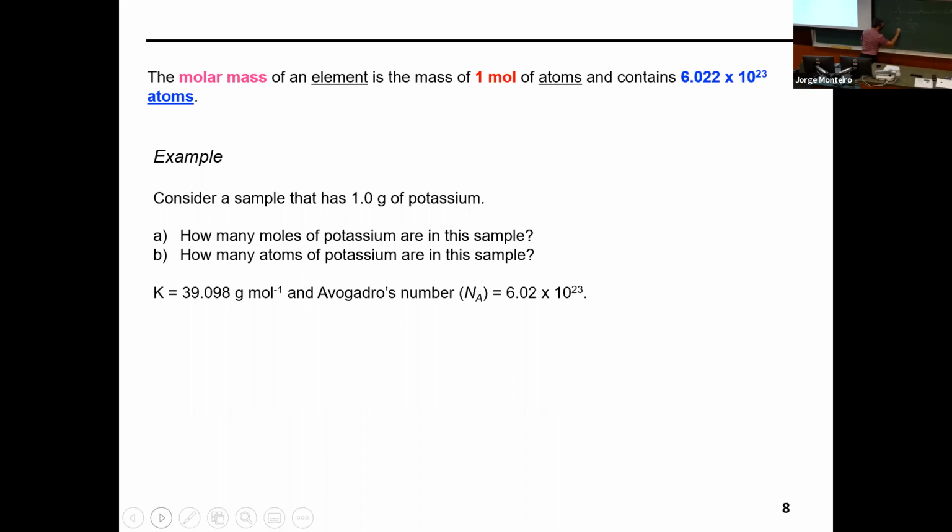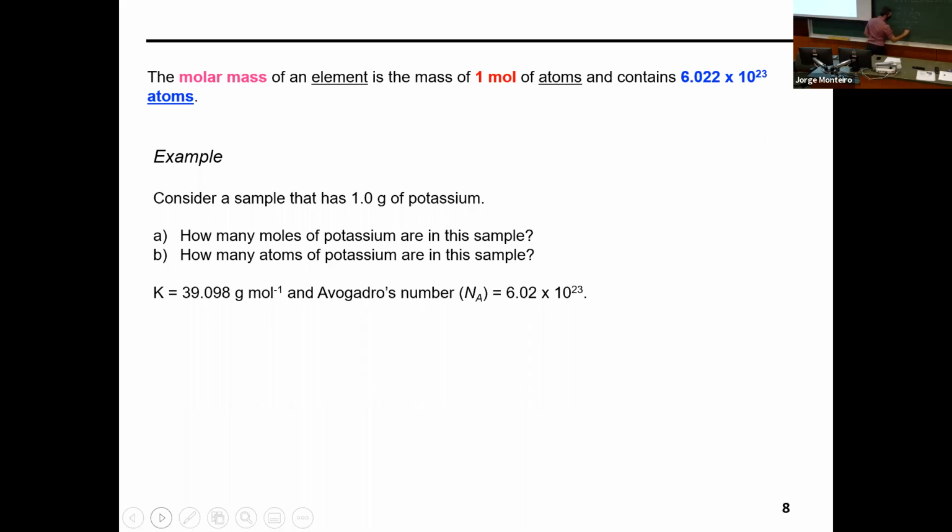Let's isolate X, sending 39.098 dividing. X is going to be 1 mole times 1 gram divided by 39.098 grams.